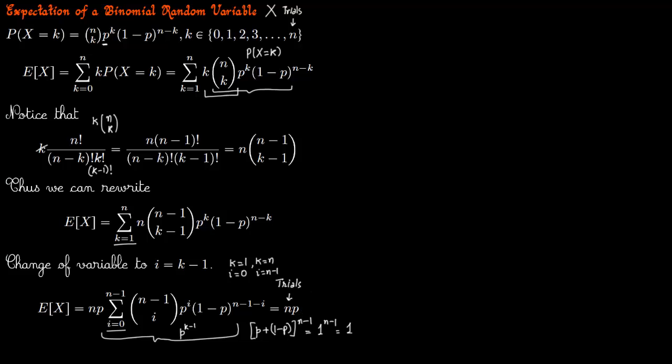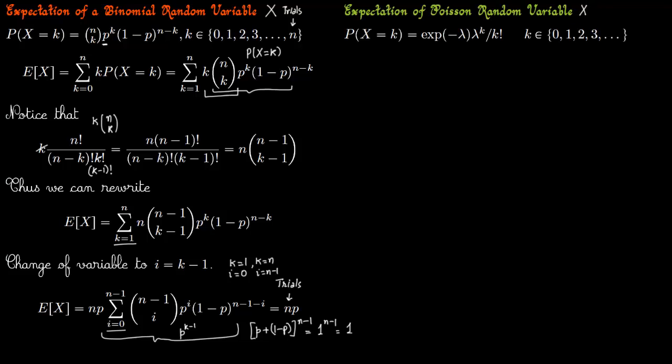Now we talk about the expectation of a Poisson random variable X. So the probability that X is equal to k for a Poisson random variable is given as exponential of minus lambda times lambda to the power of k divided by k factorial. And this k takes the values 0, 1, 2, 3, 4 all the way to infinity.